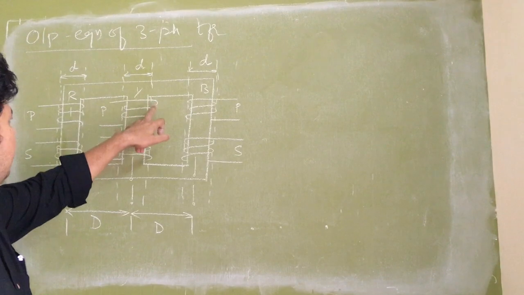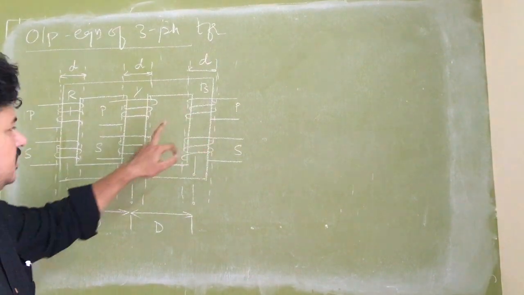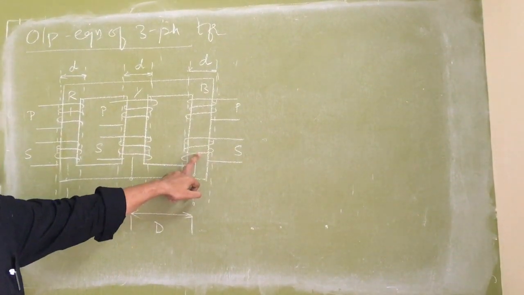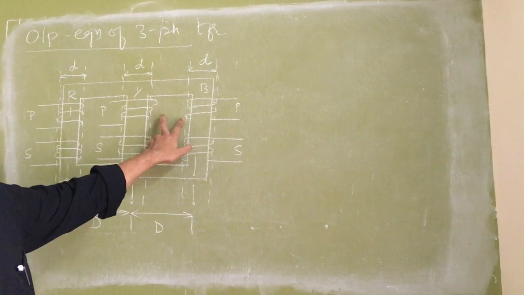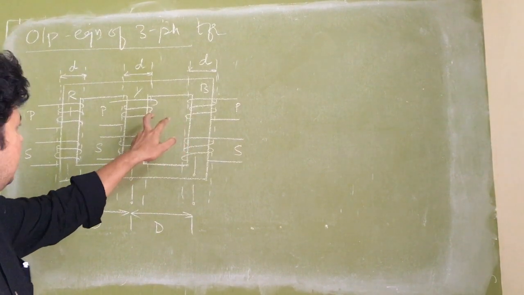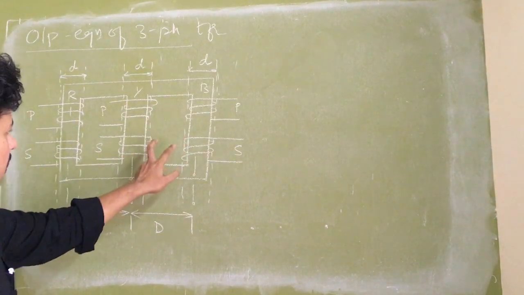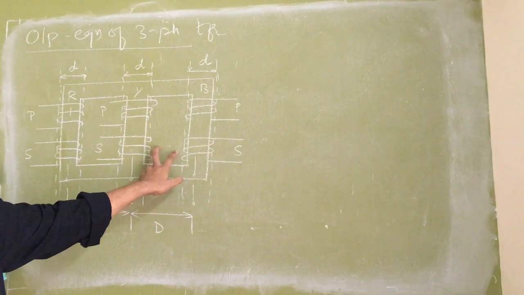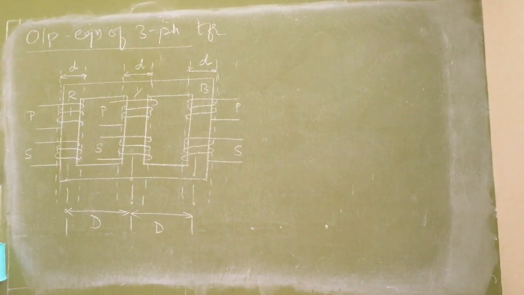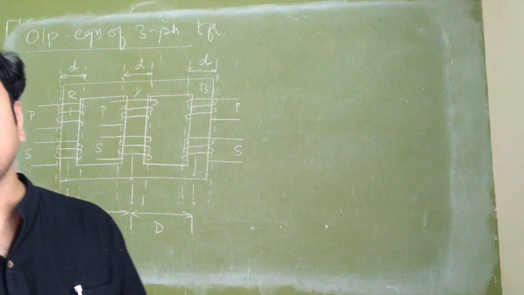Primary of Y phase and primary of B phase, secondary of Y phase and secondary of B phase. So there are two primary windings and two secondary windings in second window. Okay. So in each window, the number of primary and secondary coils are 2.